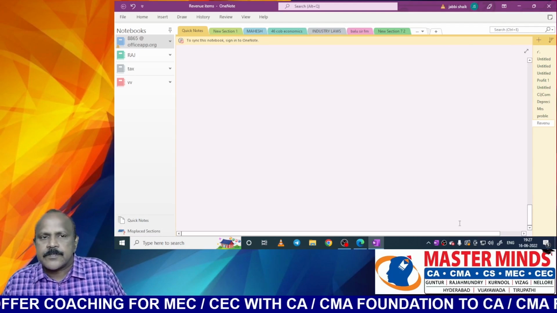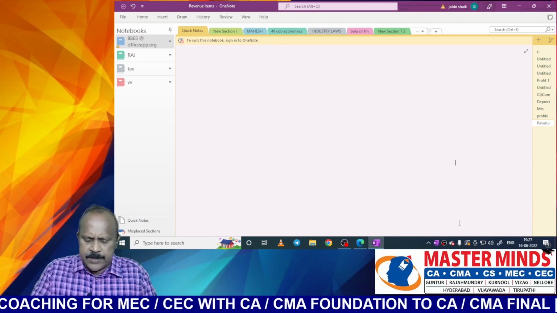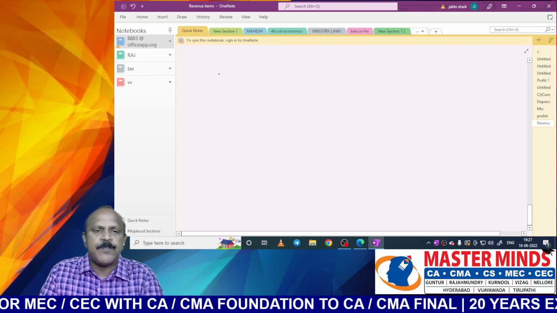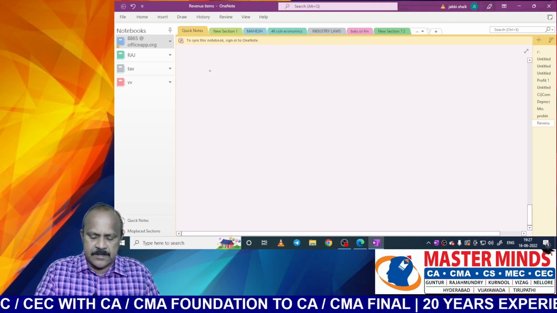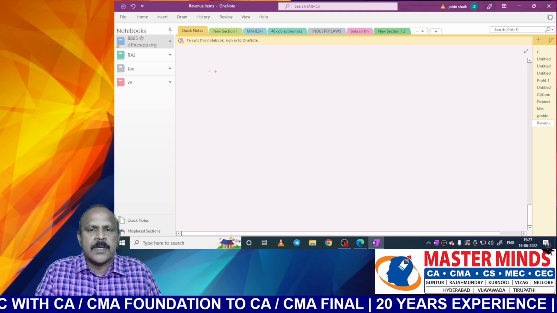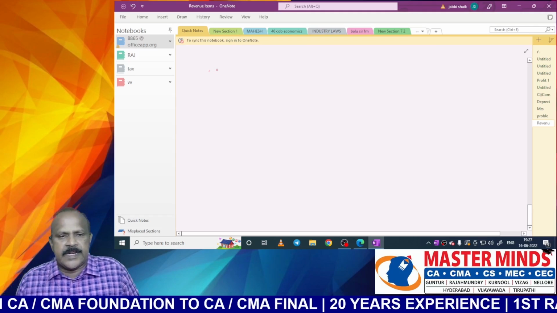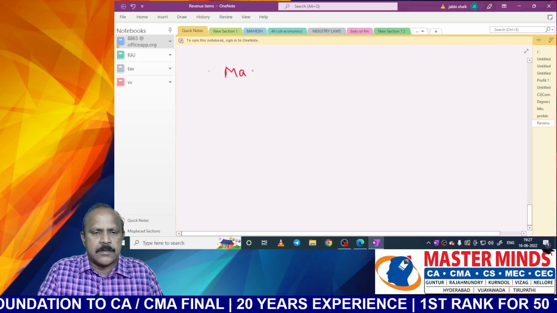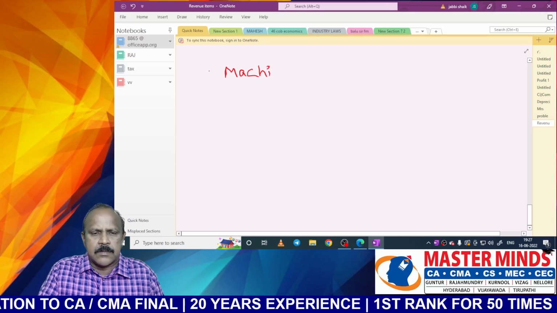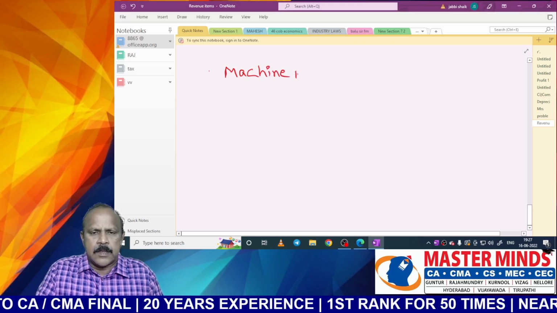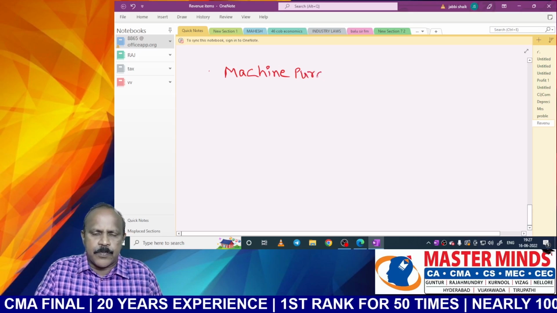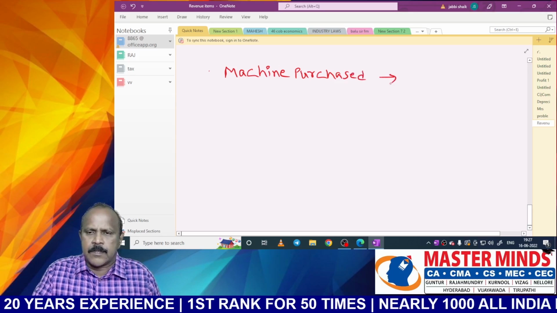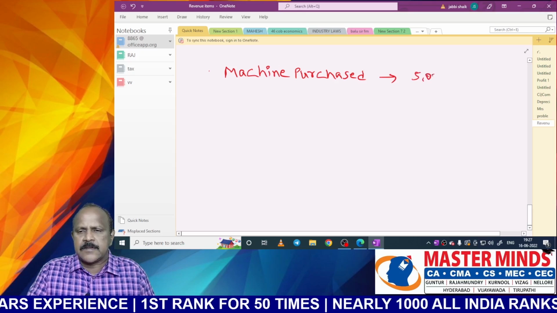Now, let us take some more examples regarding capital expenditures. Students, let us suppose we have purchased a machine with an amount of 5 lakhs.